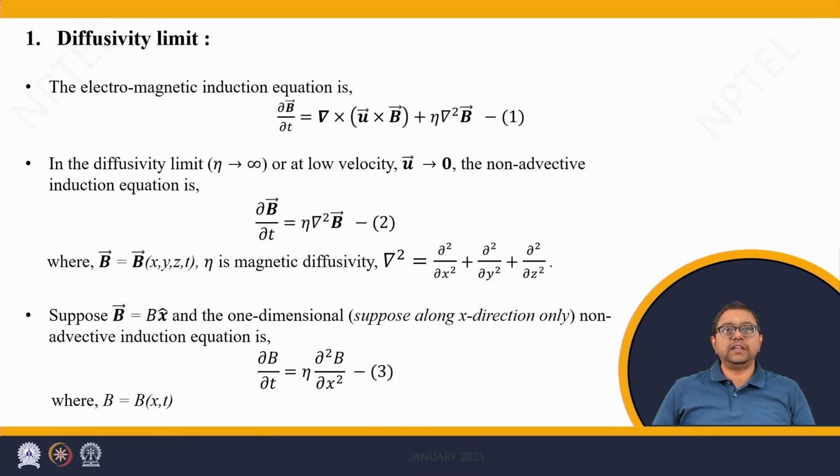We have seen the derivation of the magnetic induction equation from Maxwell's laws. The electromagnetic induction equation is given as equation number 1. This equation states the evolution of the magnetic field B vector with respect to time.